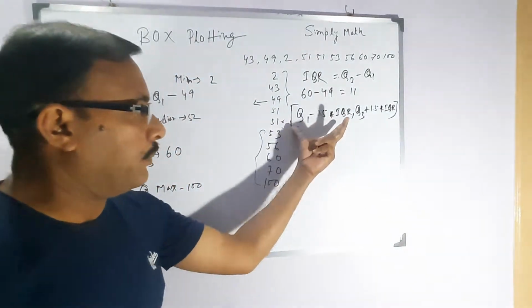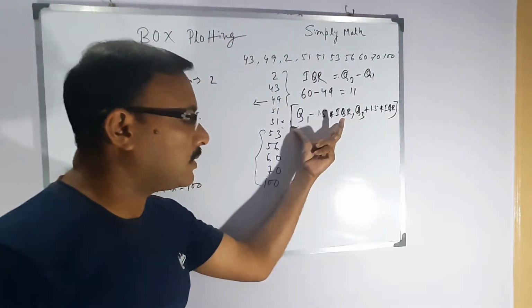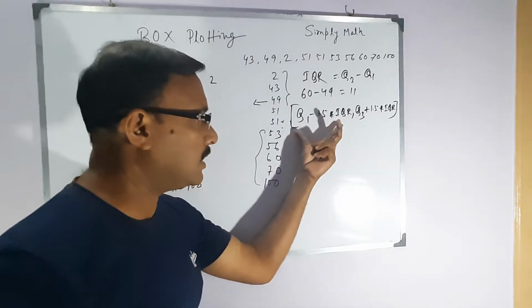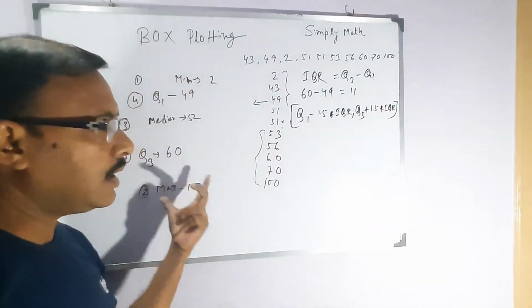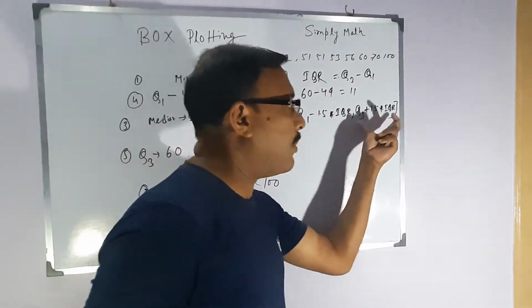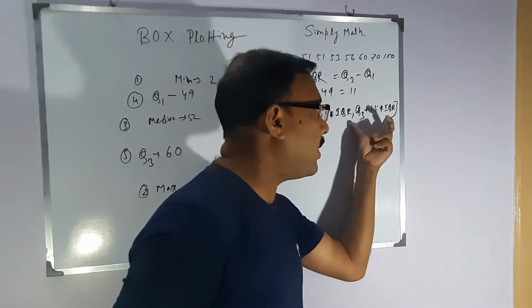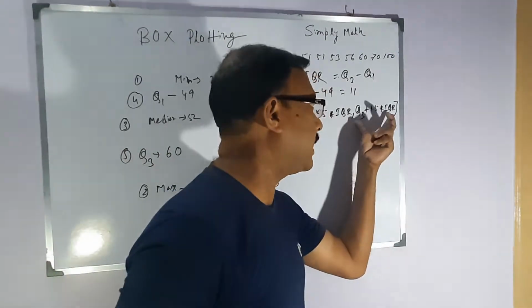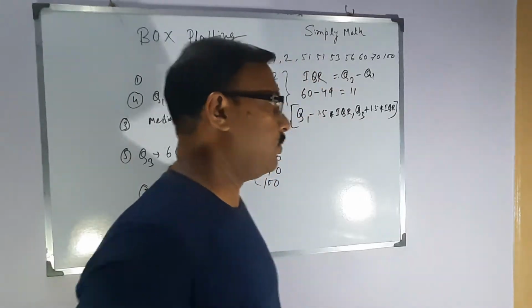So below this lower range will be the outlier. Above this value or greater value will be the outlier.